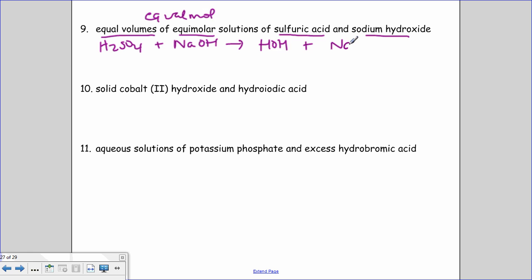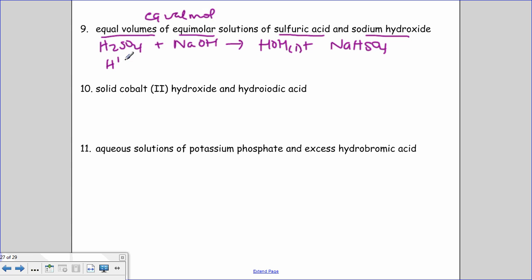So when the sodium combines with the bisulfate, I guess you could say, is the HSO4. Okay, this is liquid water. We don't mess with it when we start doing our ionizations. Just remember that you can only pluck off one of the H pluses whenever it's equimolar.